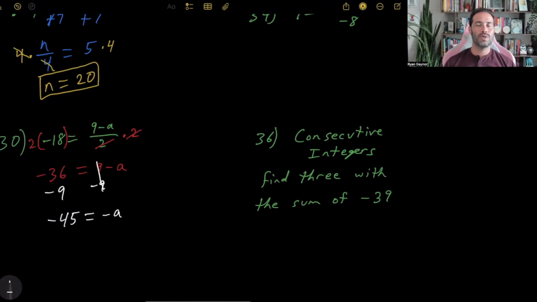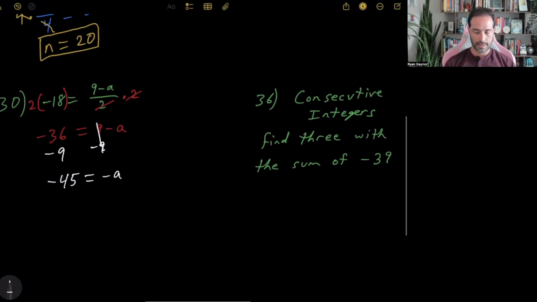Okay, so we need to find a, but I found -a. So I just still have to keep working. So I'm going to divide by -1 on both sides. Because -a really means -1 times a. So if I just divide by -1, then I'll find it. Cancels out. We get 45 equals a.